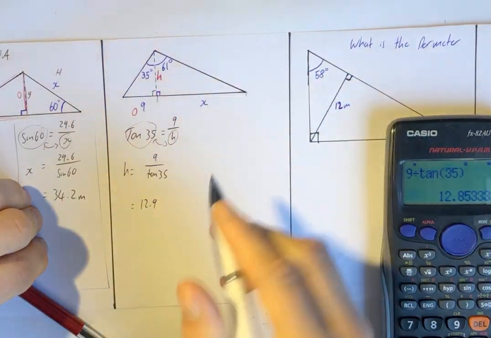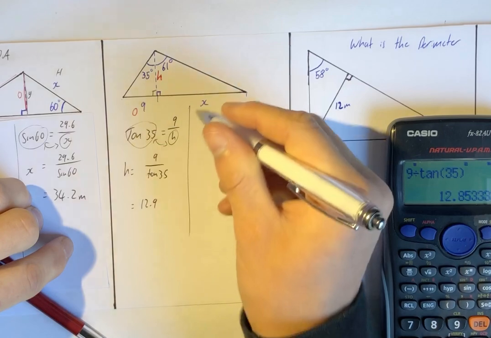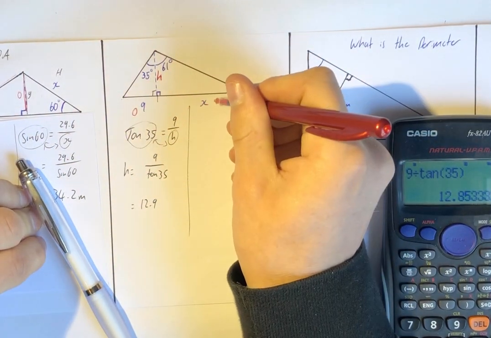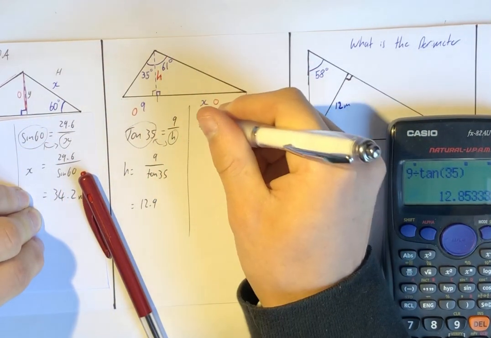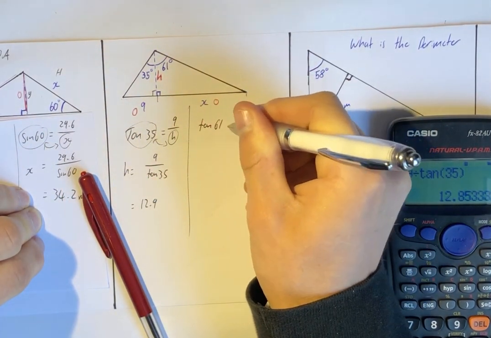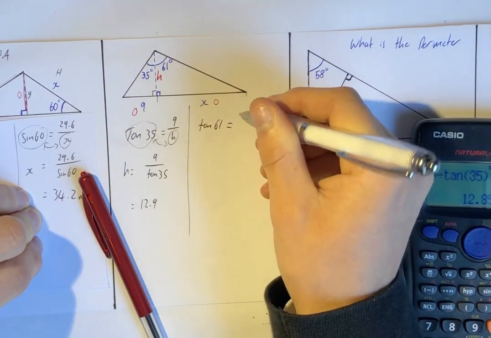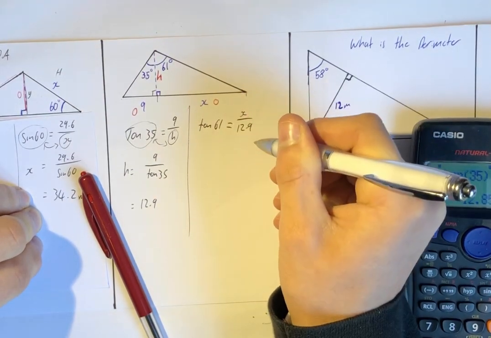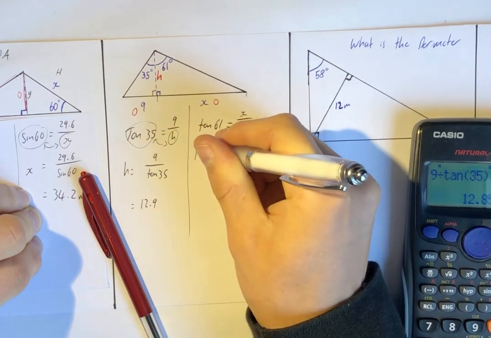Now that we've got the height, we can calculate this length x here. So label my sides. I'm dealing with the opposite and the adjacent, so it's tangent again. So if I take tan of 61 degrees, that's equal to O over A, so that's x over the height that we've just calculated, 12.9. And now my unknown's on the top, so I'll multiply by 12.9.